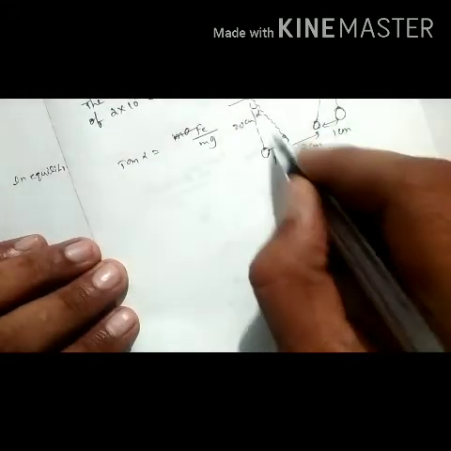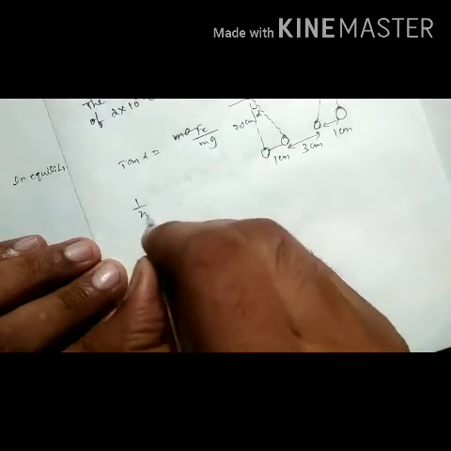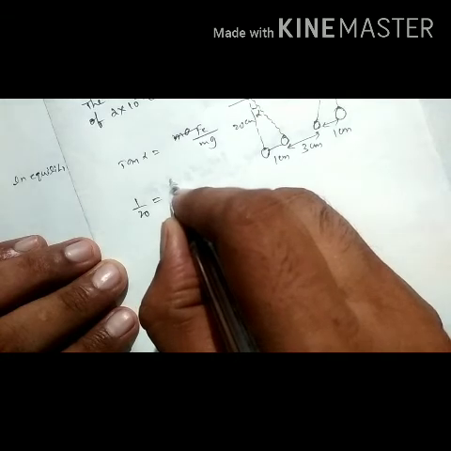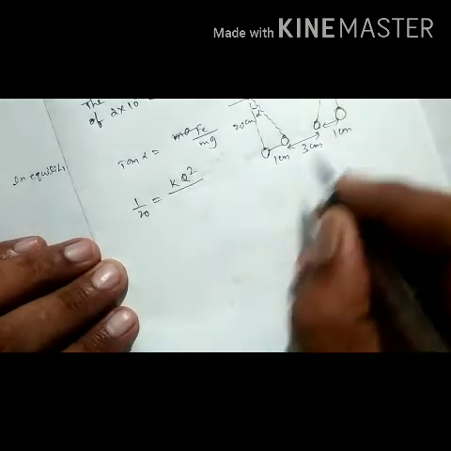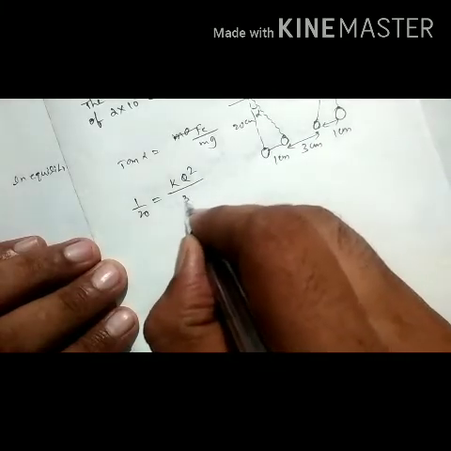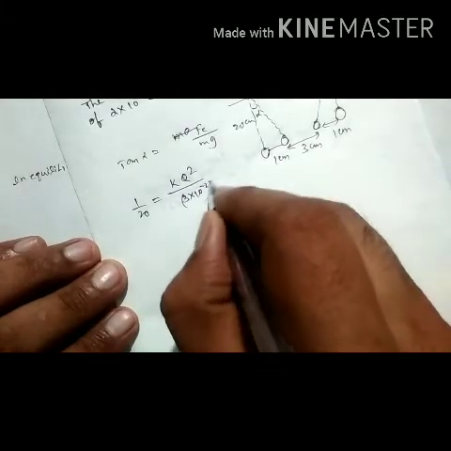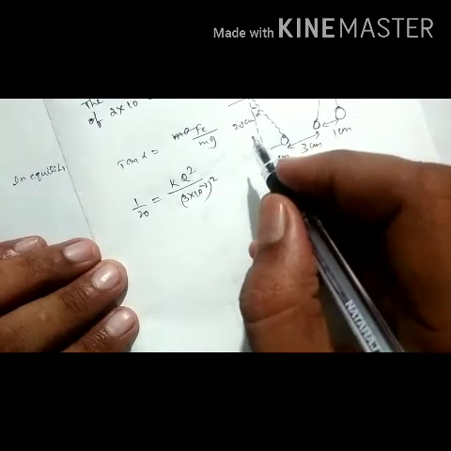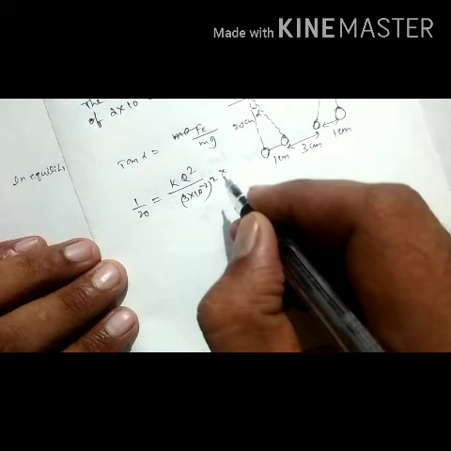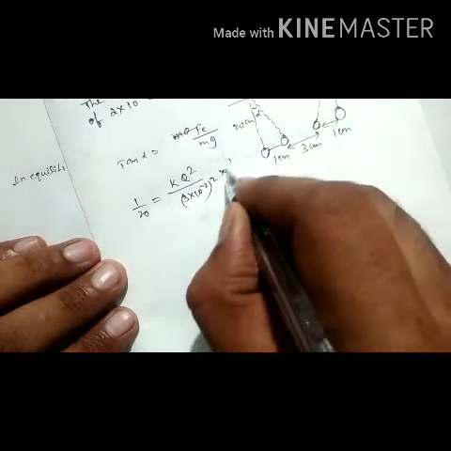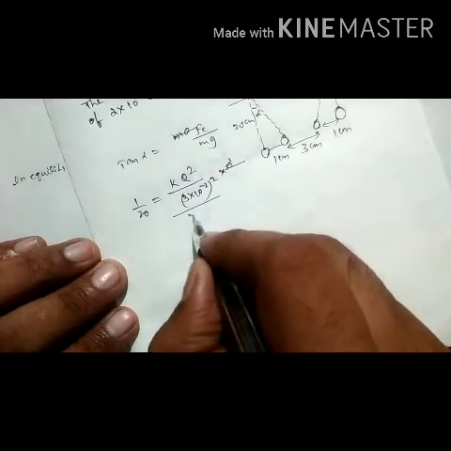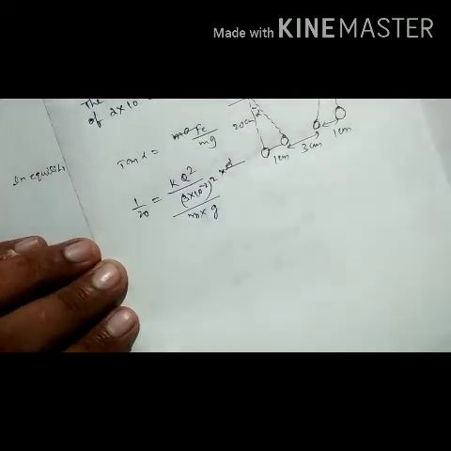So I can write tan alpha is equal to opposite side by hypotenuse, 1 by 20. So you have to write k q square by distance in equilibrium, 3 centimeters square, so 3 into 10 to the power of minus 2 whole square, divided by mg. m we don't know. g also we can take like this.